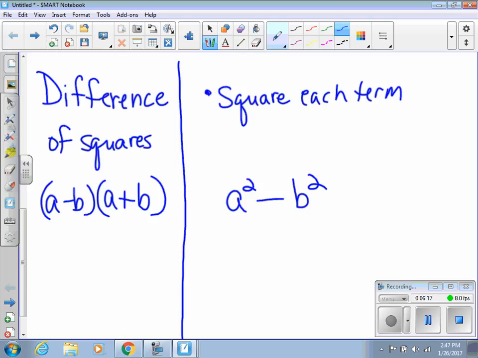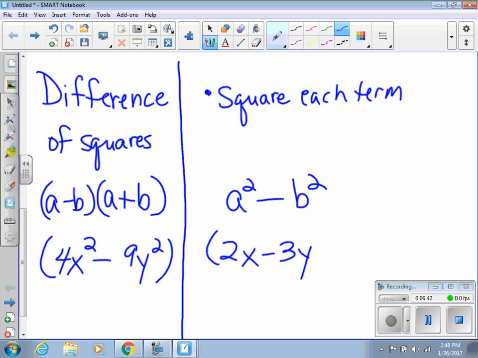So if I'm going to go backwards, and if I had 4x squared minus 9y squared, and I wanted you to factor that, that would be 2x minus 3y times 2x plus 3y.